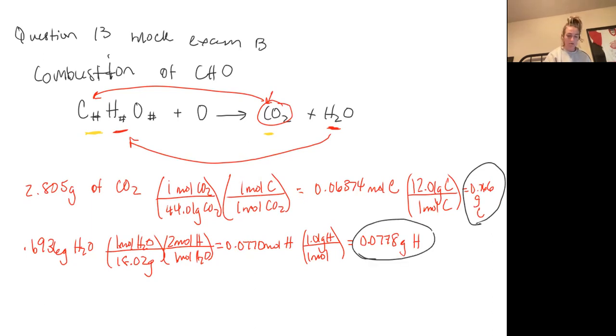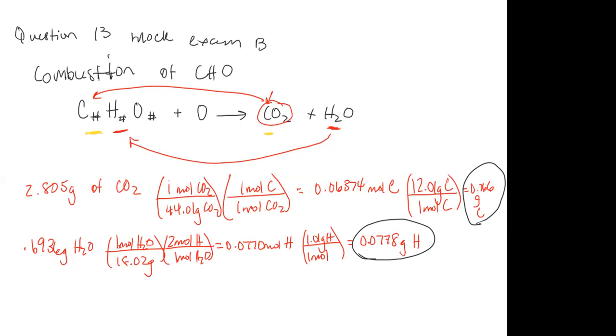And all of our grams of hydrogen have to go to the grams of hydrogen in the compound that we are combusting. So what does that mean for how we can solve for the oxygen grams? What do we know about that? Or how are we able to get to the oxygen grams?